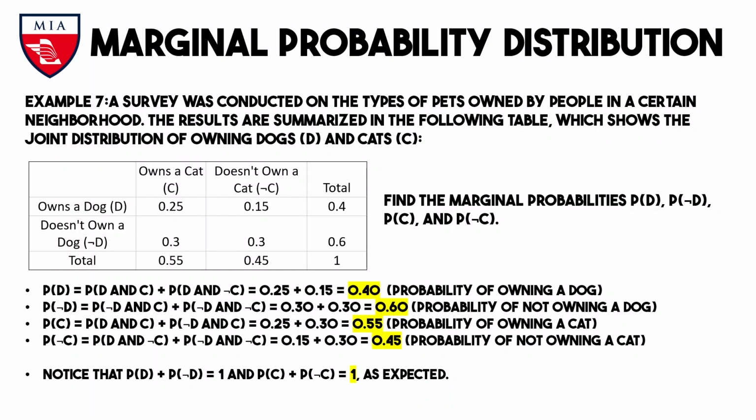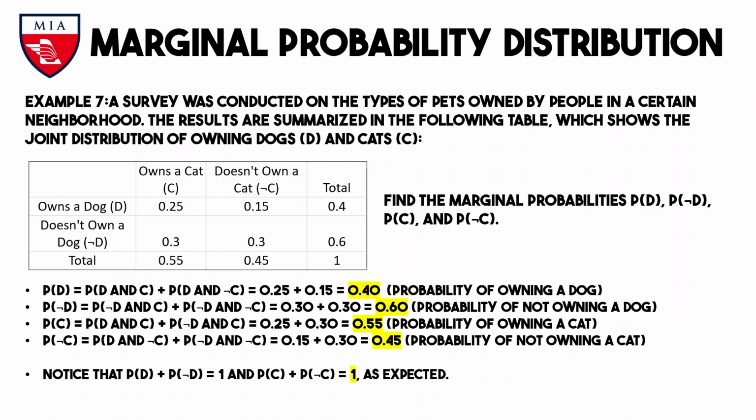Okay? Next, we have example number 7. So, a survey was conducted on the types of pets owned by people in a certain neighborhood. So, the results are summarized in the following table, which shows the joint distribution of dogs as D and cats as C. Okay. So, we have this representation.